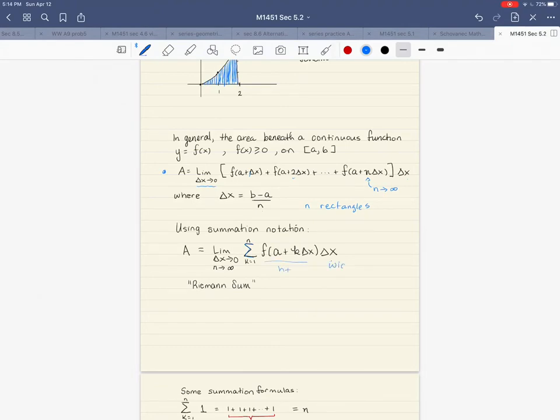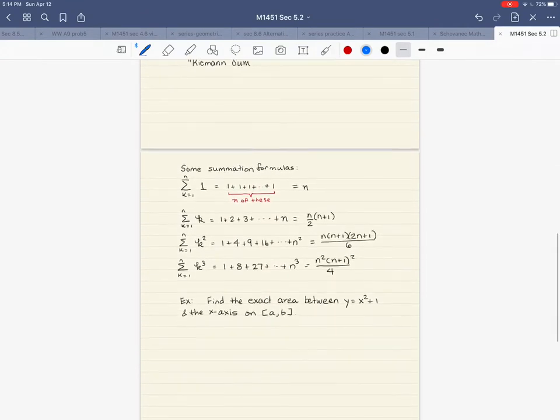So it's the height times the width as the number of rectangles goes to infinity. And that's something called a Riemann sum. Now when we do this in general, we're going to have a function of n, and we're going to then let n go to infinity using our ideas of how to calculate limits to infinity.